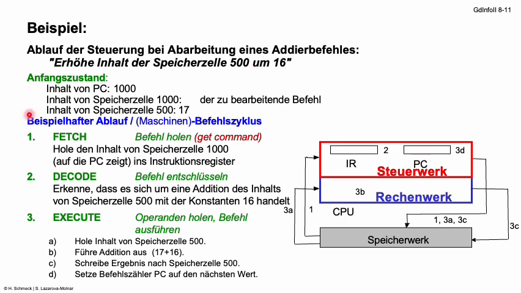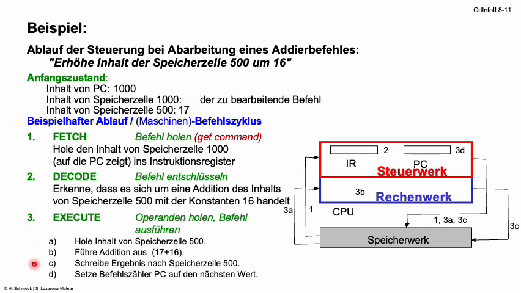This is the initial state. The content of the program counter is 1000. The content of memory cell 1000 is the command. And the content of memory cell 500 is 17.